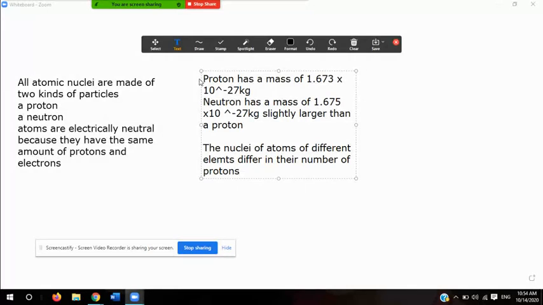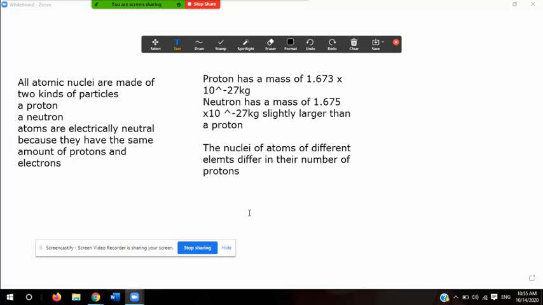Okay. So basically, a proton has a mass of 1.673 times 10 to the power of negative 27 kilograms. A neutron has a mass of 1.675 times 10 to the power of negative 27 kilograms, slightly larger than a proton, and the nuclei of atoms actually differ in the amount of protons they have. So that's what basically helps distinguish one element from the other.